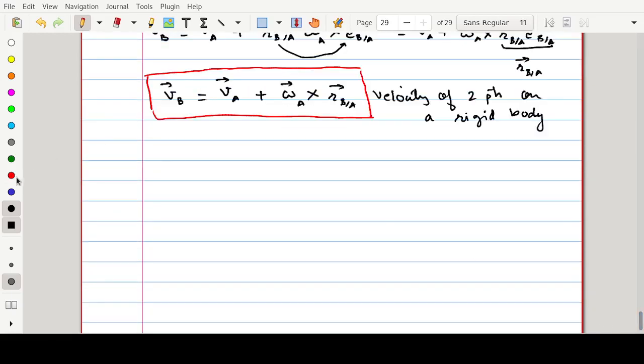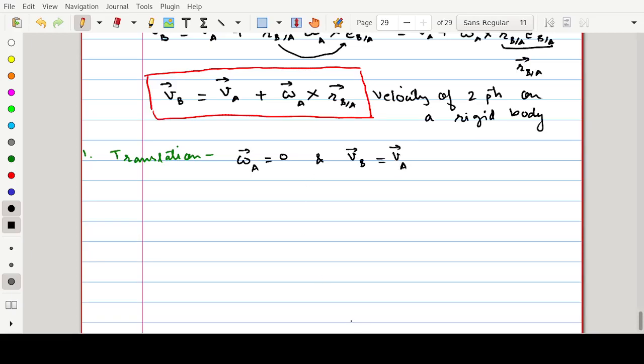So the first case is translation. What happens in translation is there is no rotation, there is no rotation omega A. So in translation, omega A will be 0 and VB will be equal to VA.